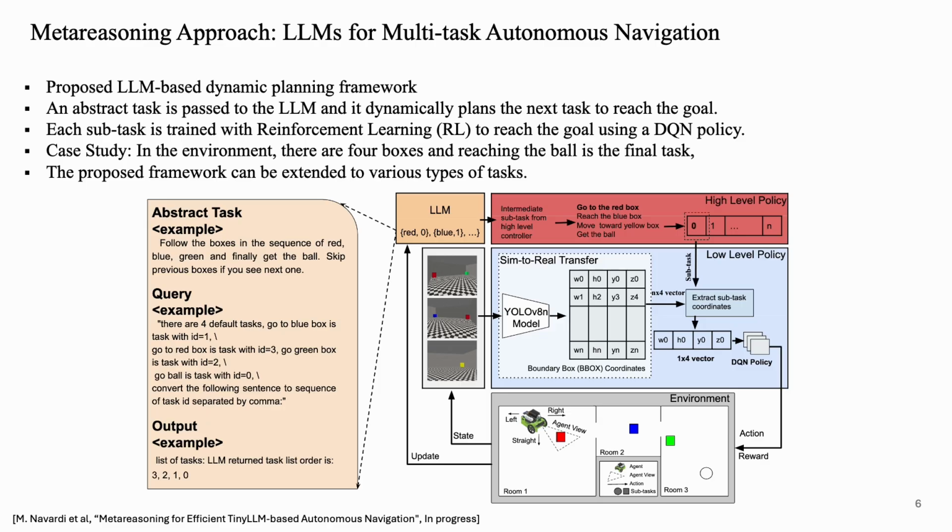In the case study shown here, the environment includes multiple rooms with colored boxes, and reaching the ball is considered the final goal. The LLM dynamically adapts based on which objects are detected and plans accordingly. Importantly, this framework is generalizable and can be extended to a wide range of multi-step, goal-driven robotic tasks.